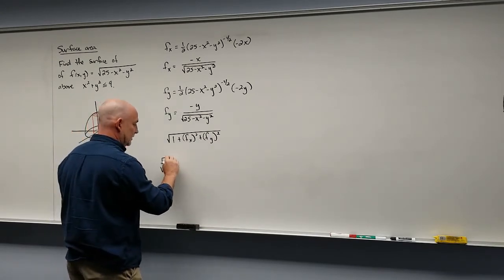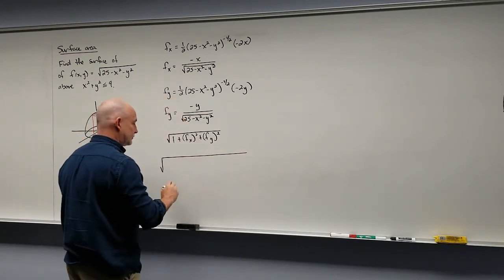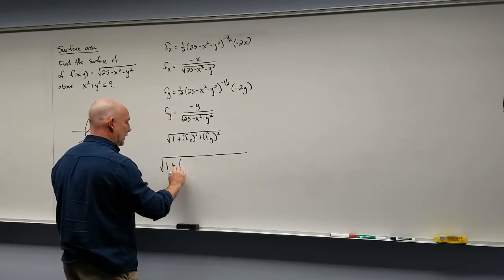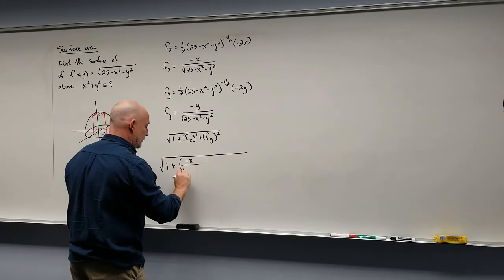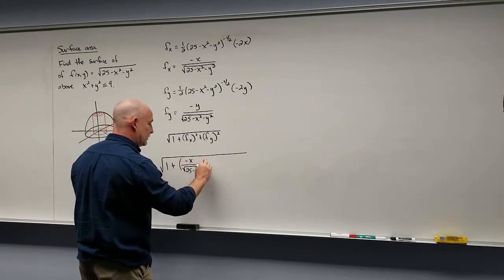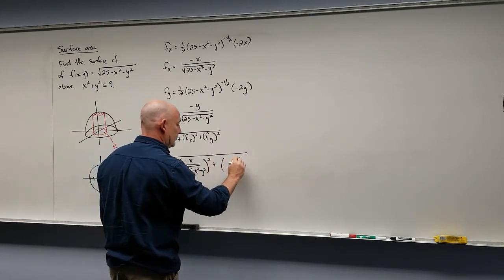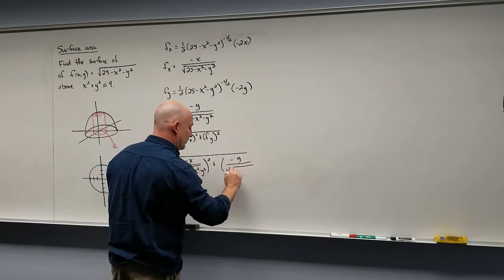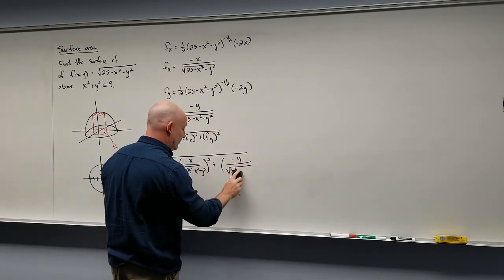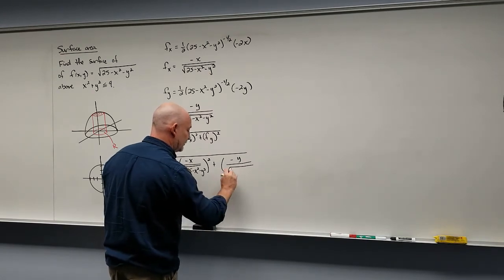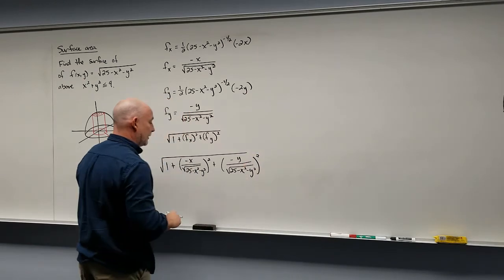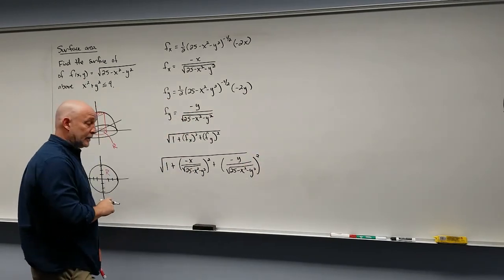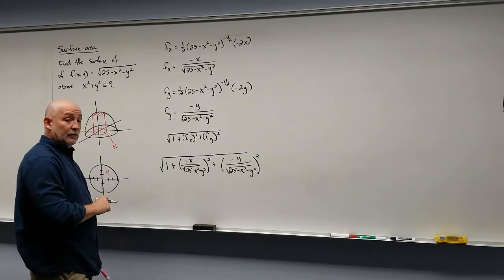So this is going to be the square root of 1 plus f sub x, that's this, negative x over square root 25 minus x squared minus y squared, squared, plus negative y over square root 25 minus x squared minus y squared, squared.